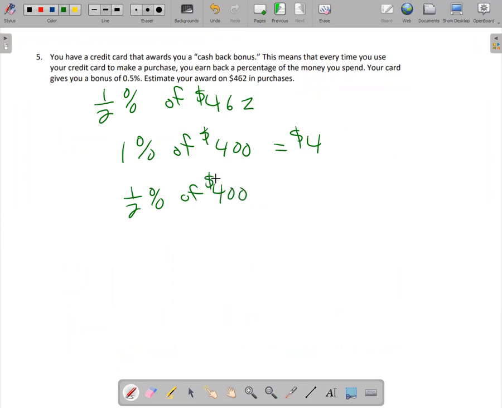I'm just explaining my thought process here. If 1% of 400 is 4, half of that should be 2. Now, was our amount really exactly 400? So shouldn't we get a little bit more than 2? So I want you to then amend this estimate by guessing how much more than $2 we're going to get back.